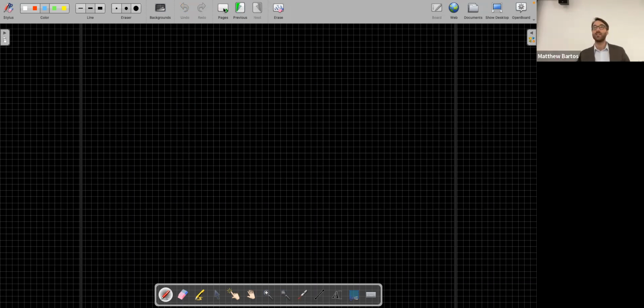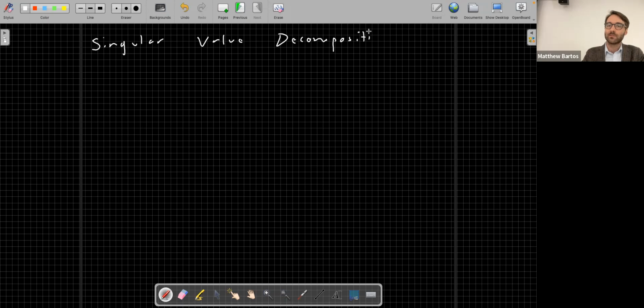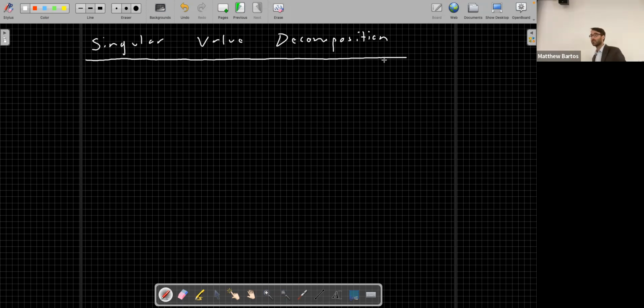Okay, so the SVD, this is one of the most useful tools in your linear algebra tool belt. It is a generalized eigendecomposition that will work for matrices that are both non-diagonalizable and also non-square.